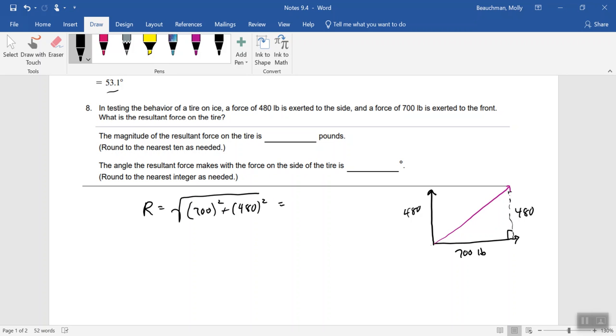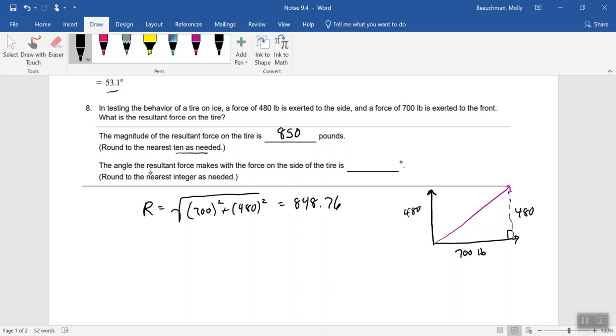We're going to throw that in the calculator, and I've done that a little bit earlier. So what we end up with is 848.76. It says round to the nearest 10, so rounded to the nearest 10 would be 850 pounds.